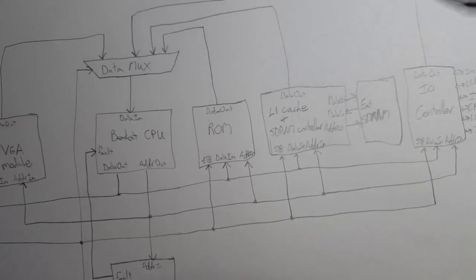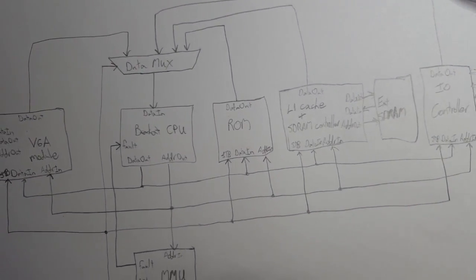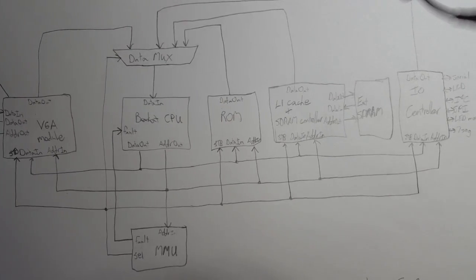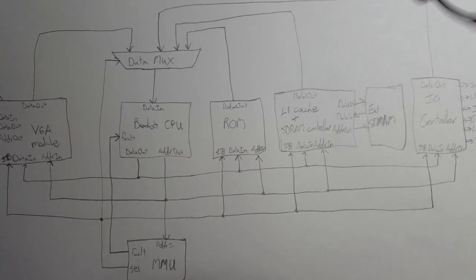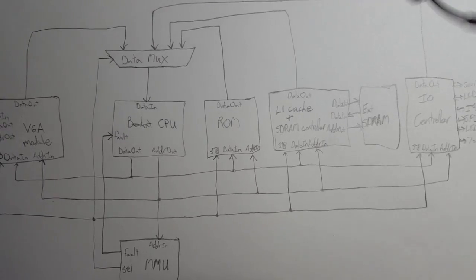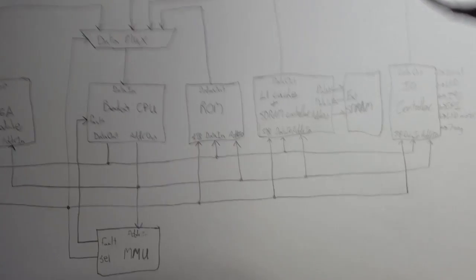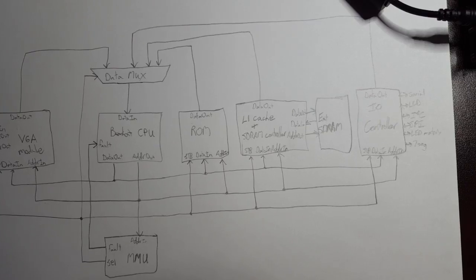So the ROM is actually pretty straightforward, and the only thing that's a little interesting about it is that it's actually got two ROMs in here, and through a switch on the board, I can select the normal ROM and a diagnostic ROM.